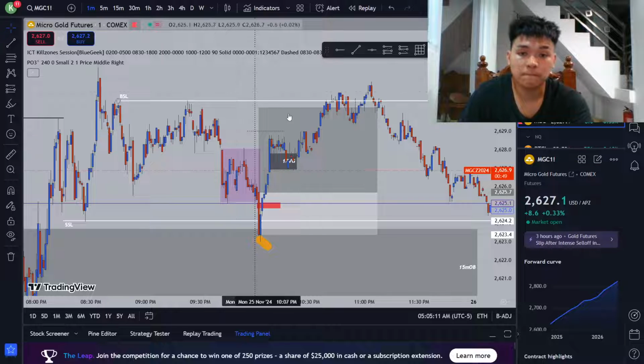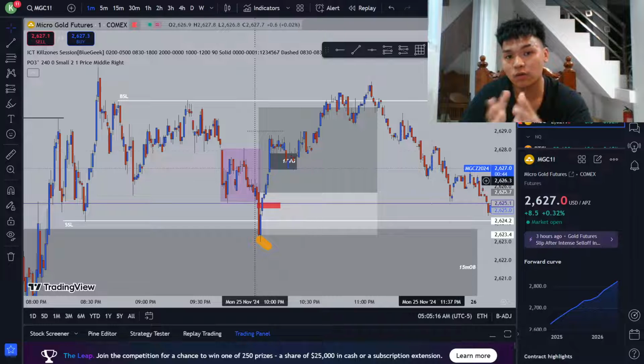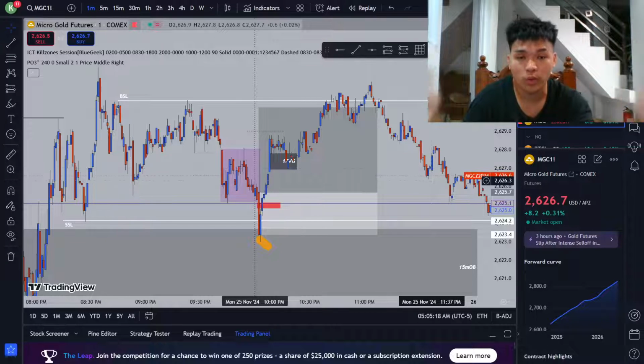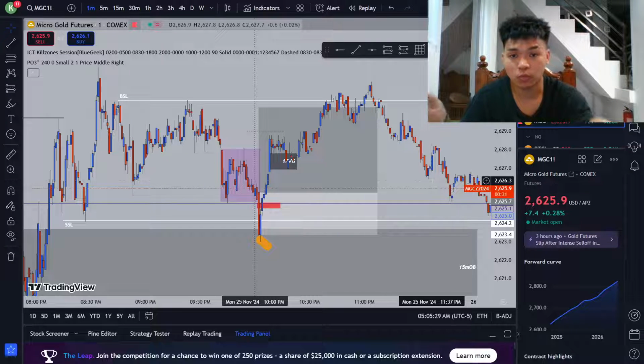So that's why I only focus on a 1 to 2 at least, so that over time I still make profit. Even when I lose, I only lose less, and even if I get like 40 to 50% of my trades right, a 50% win rate is still gonna be profitable in the long run, right?